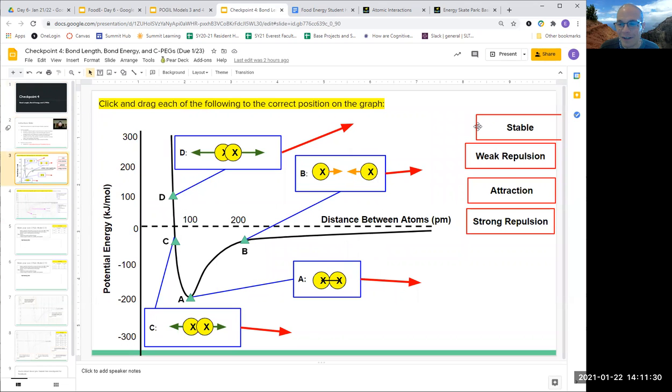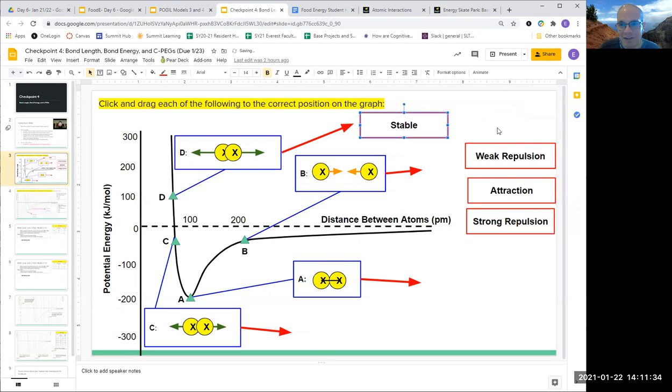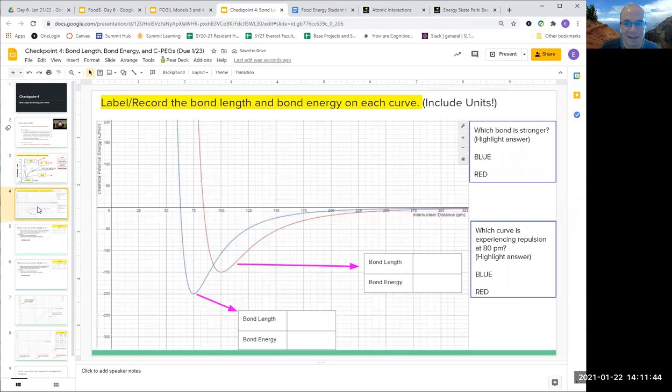On slide 3 of checkpoint 4, you move the box to match the force with whichever situation it describes on the potential energy curve for these 4 points, A, B, C, and D. On slide 4, you use these potential energy curves to determine the bond length and bond energy, and then answer these questions just by highlighting the answer.